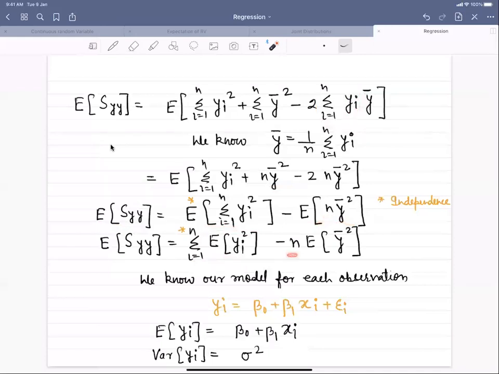Now we need to compute these, then we can compute Syy. We know our model is yi equal to beta naught plus beta 1 xi plus epsilon i. So the expectation of yi is essentially beta naught plus beta 1 xi, and the variance is sigma square.